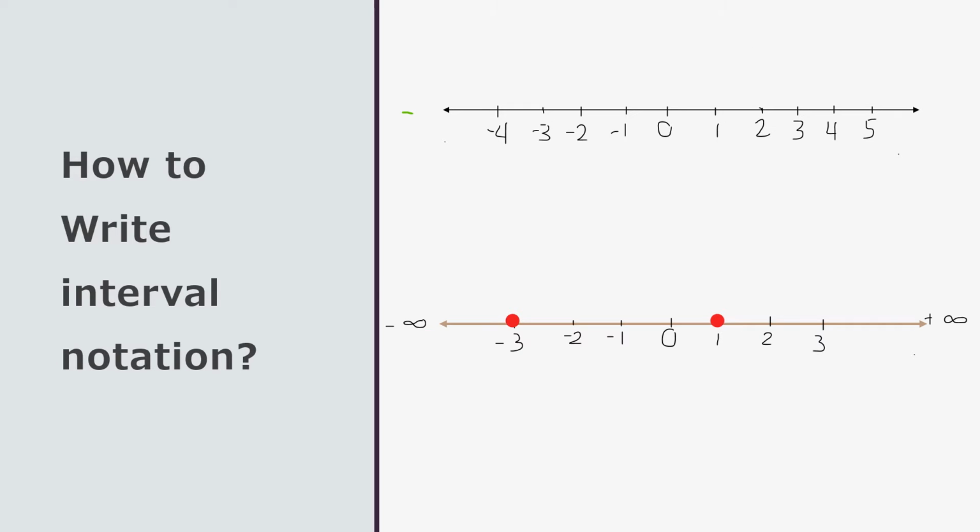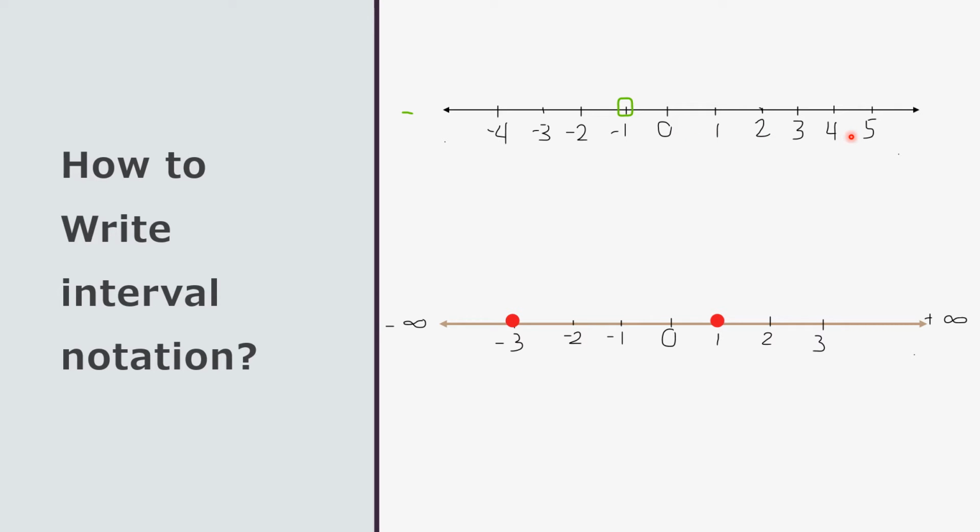Now, how are we going to write the interval notation or the solution? You need this before we solve a quadratic inequality. So let us recall the number line first. On the number line, this is 0.